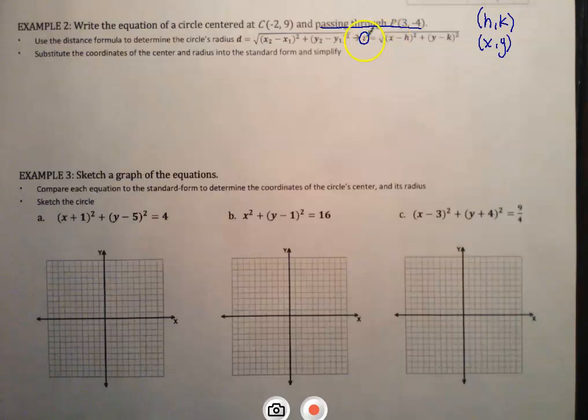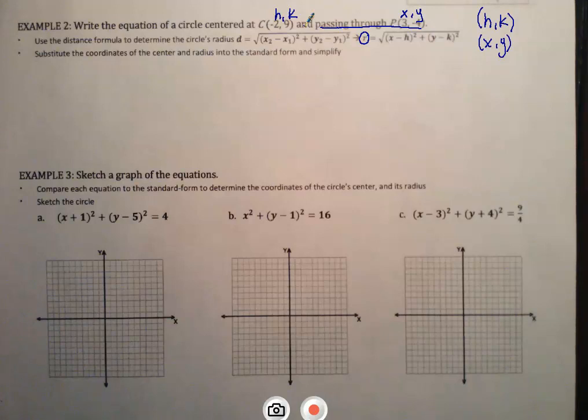So we're still doing the same idea of x2 minus x1. We're just calling them the x value from the point and the h value from the center, and then the y value from the point and the k value from the center. It's the same thing. We're just giving them different names.